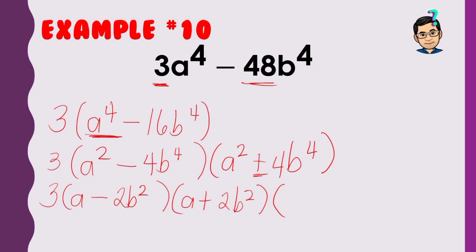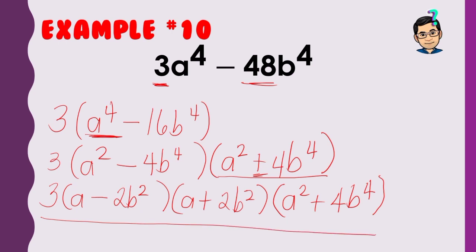And then, copy lang natin yung ito, a squared plus 4b to the 4th power. So kahit mahaba yung final answer natin, madali lang naman siyang i-factor. So, ayan. So, ang tip lang natin, once na finactor natin yung given expression, tignan natin kung pwede pa siyang i-factor ulit.